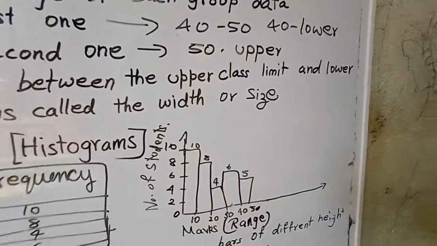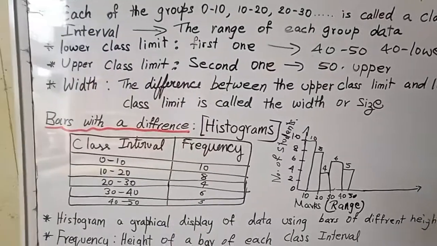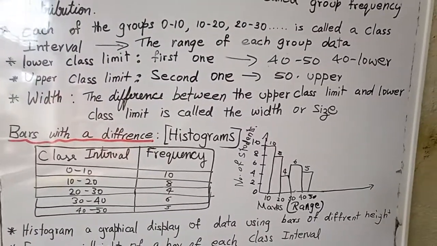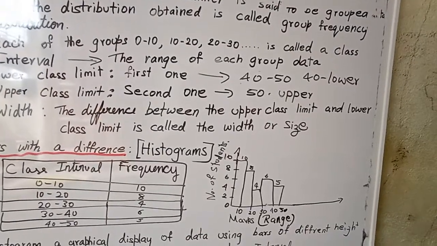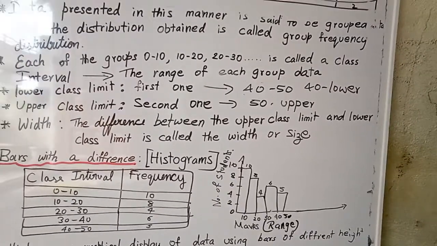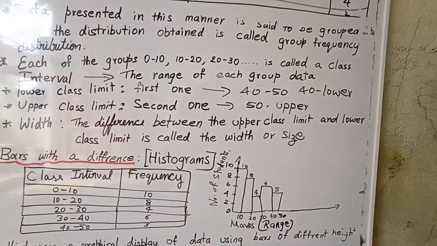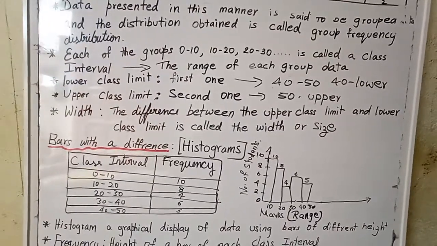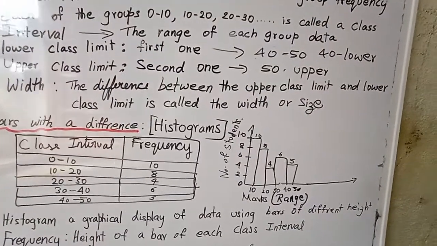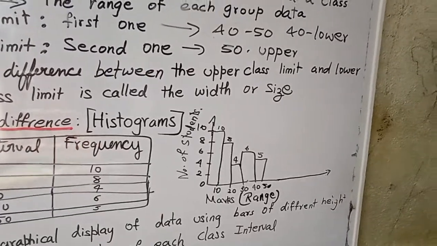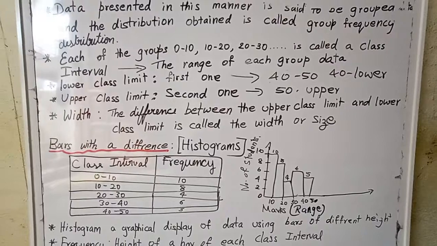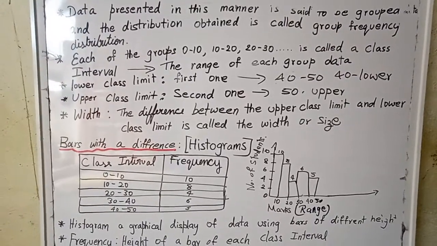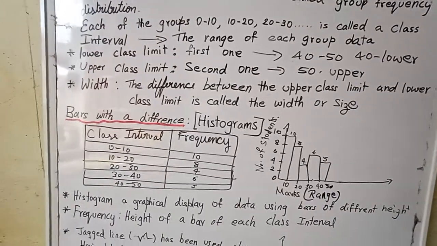In this way we have to show it. So a histogram is a graphical display of data using bars of different heights. The frequency is the height of the bar for each class interval.